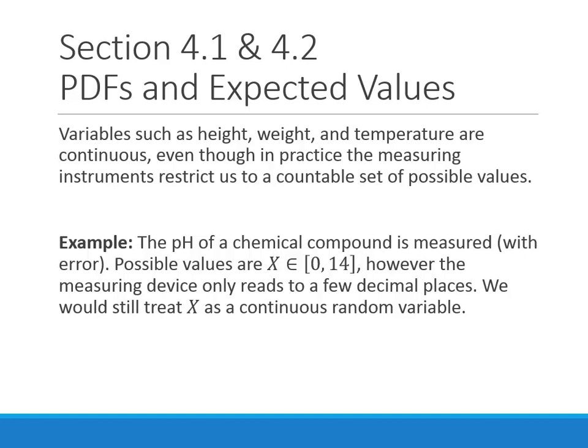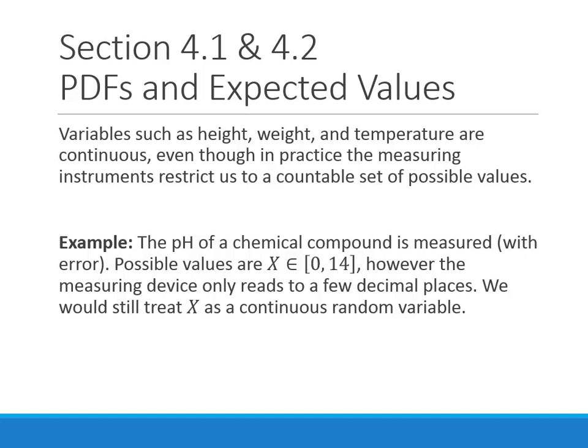So if you're measuring the pH of a compound, your measuring tool only goes out to so many decimal points, probably not that many. Even though a measuring device doesn't read technically any number, we're going to treat that as a continuous random variable. So bear with me on that distinction.